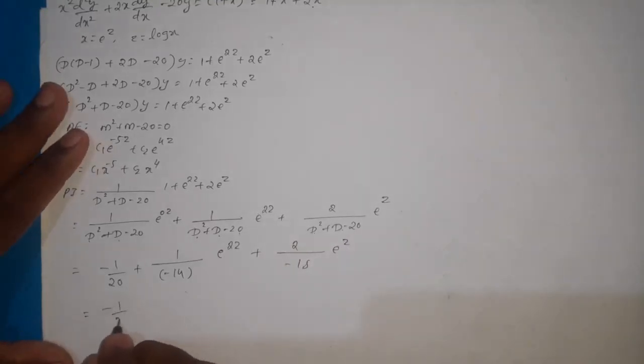So therefore it is minus 1 by 20 minus 1 by 14.